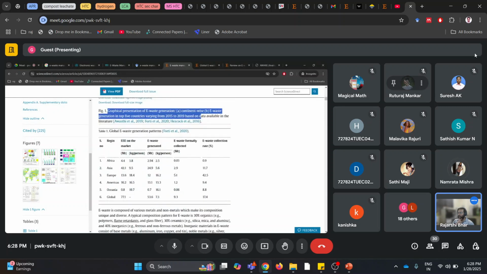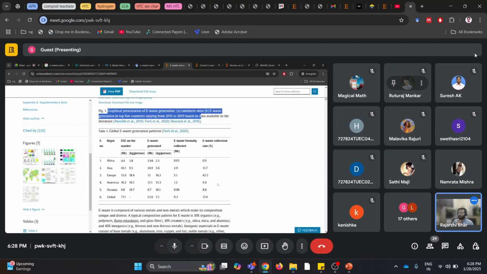After that, you see that in this table, data is given on how much e-waste is generated and how much is collected. If you look at Africa, the e-waste collection rate is so small, almost zero, almost 1% of the e-waste is only collected. In Asia, it is a bit better, around 11.7%.